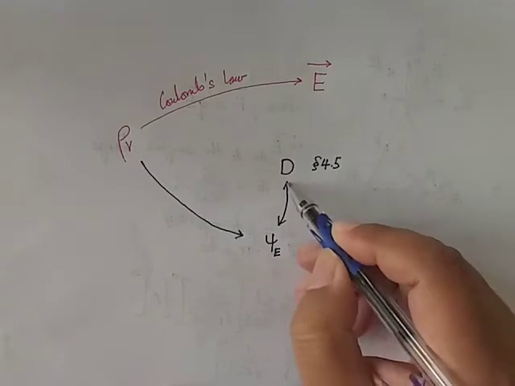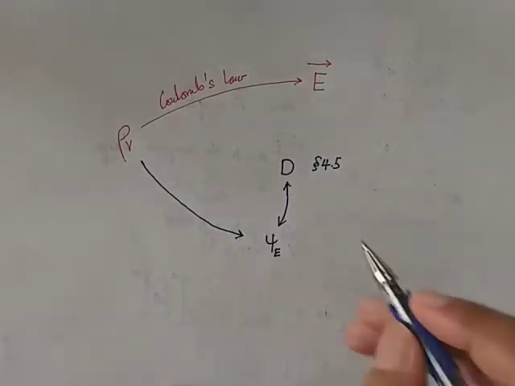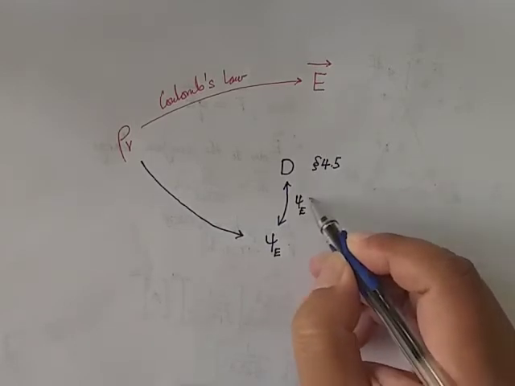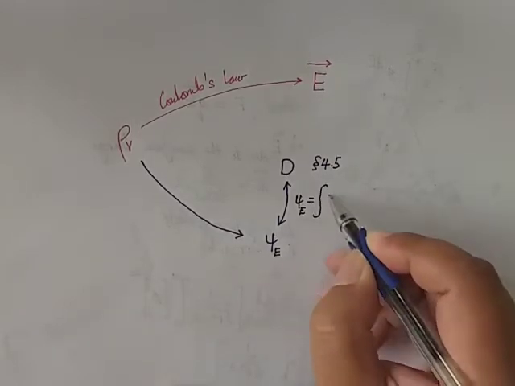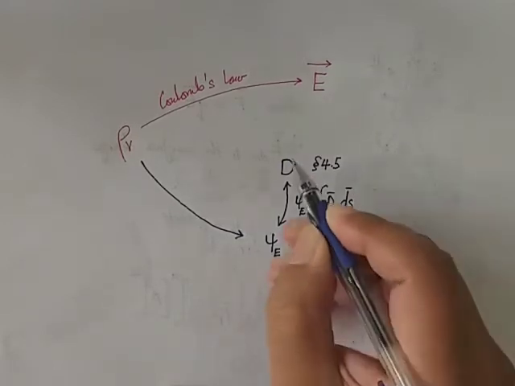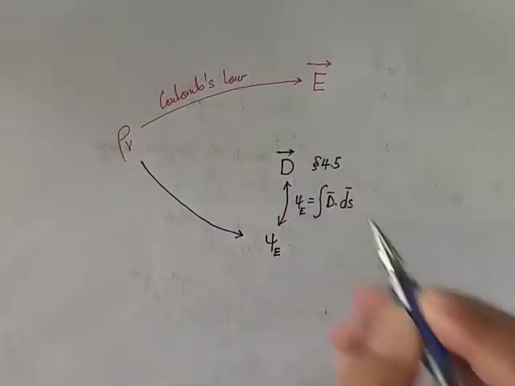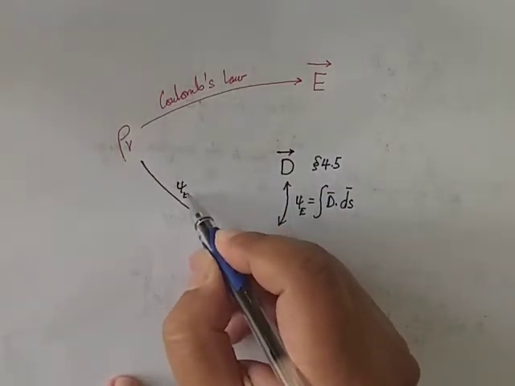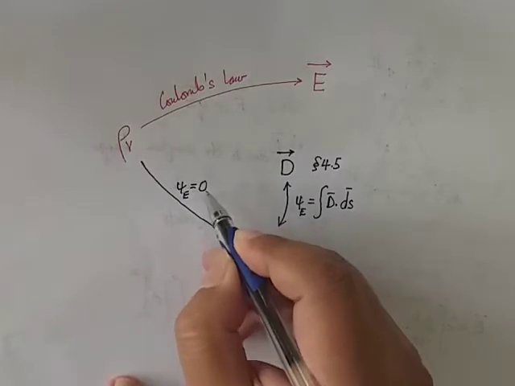So let's fill all the information in this table properly. We are saying electric flux equals D dot dS, and please make sure D is a vector. Then, based on Faraday's postulate, electric flux equals the charge.